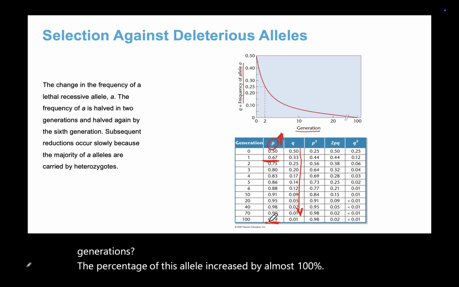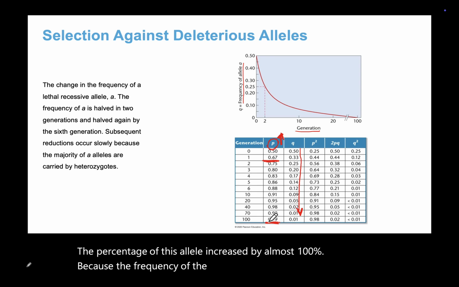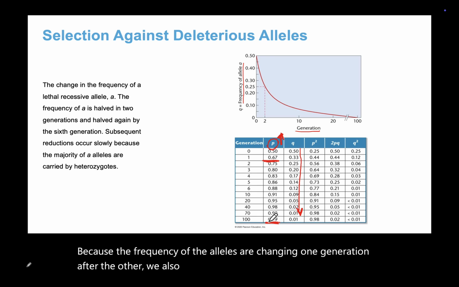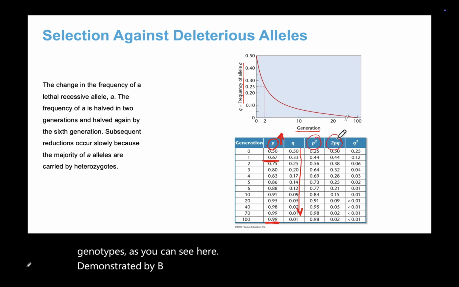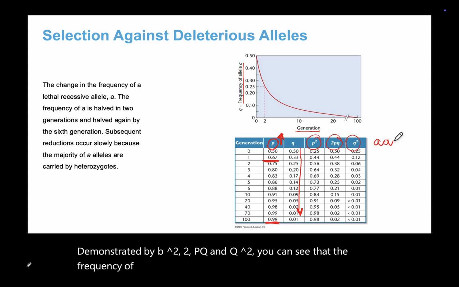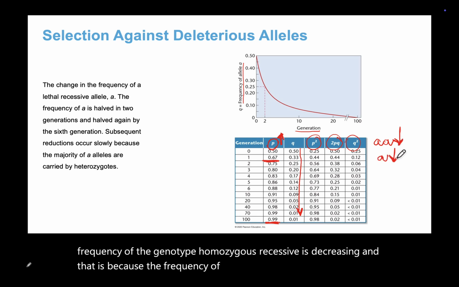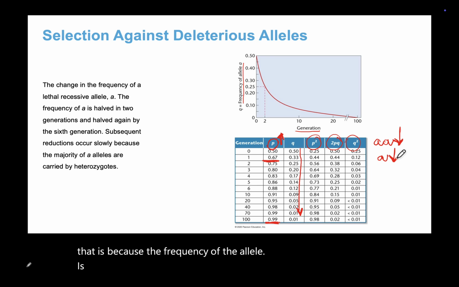Because the frequency of the alleles is changing one generation after the other, we also observe changes in the frequency of the genotypes, as you can see here, demonstrated by p squared, 2pq, and q squared. You can see that the frequency of the homozygous recessive genotype is decreasing, and that is because the frequency of the allele is decreasing from one generation to the other.